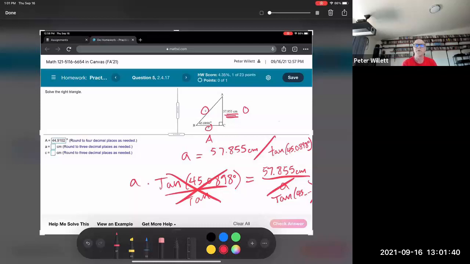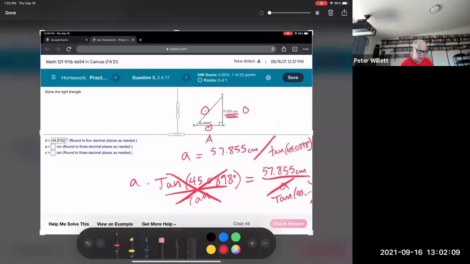So I've got 57.855 divided by 45.0898. Take the tan of that and then do the division.